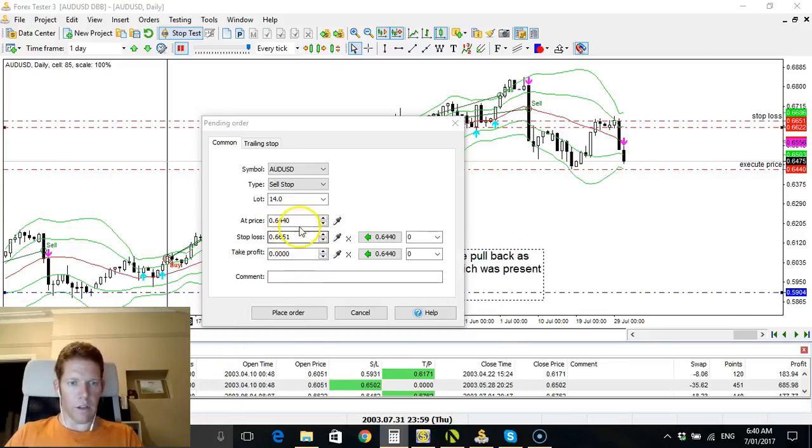It's the stop loss minus the bid price, and that will give us a take profit. So 66.51. Wish my mental maths was great, but it's not. 64.40, 211, so 64.40 minus 211. I'm no math savant, and that's 62.29.